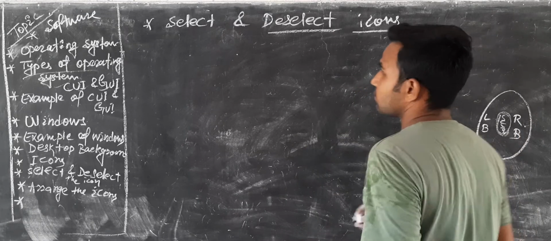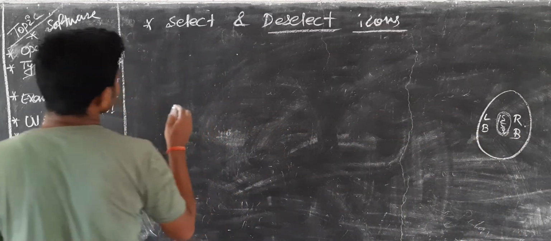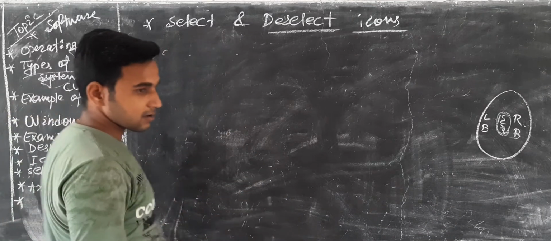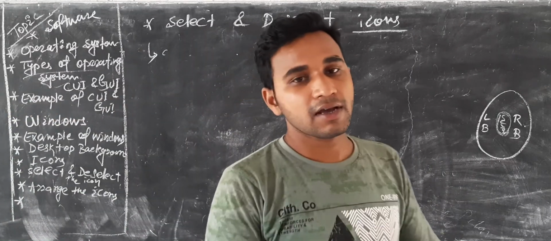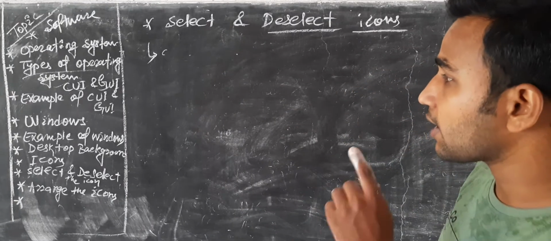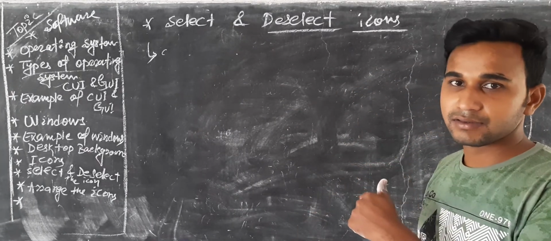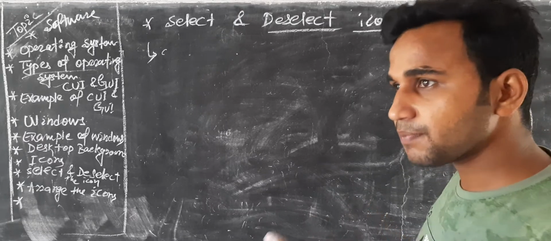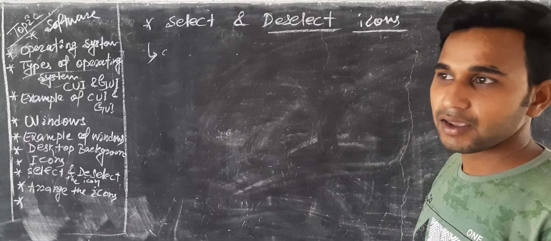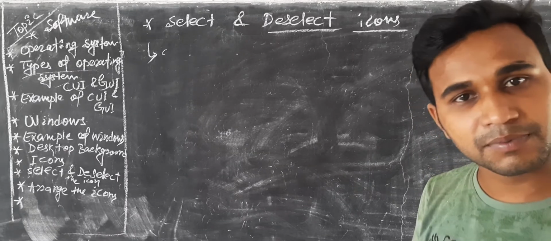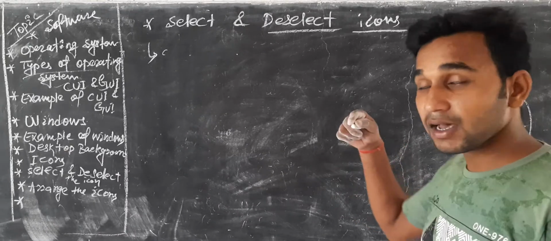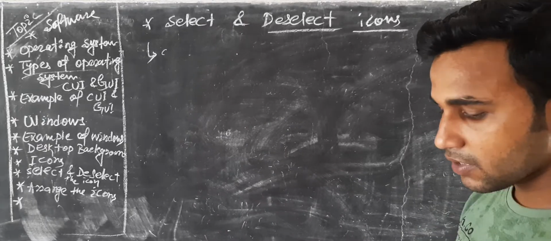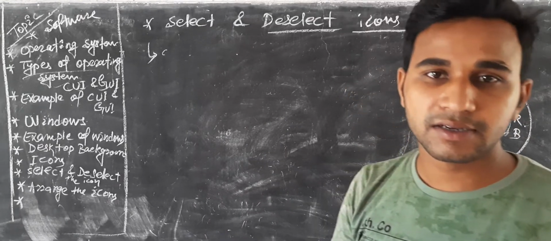When we click on an icon, that icon will be selected. When you press the shift key, you can select other icons, so both icons will be selected.